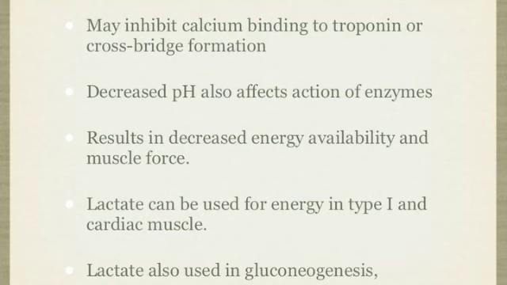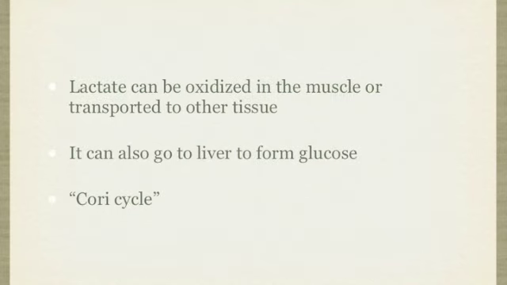And so lactate can also be involved in producing glucose, which is the substrate that we use in glycolysis. And it can be oxidized or used in the presence of oxygen for fuel for the muscle. The other thing lactate can do is be transported to the liver to produce glucose, which can be used as a substrate for further glycolysis.